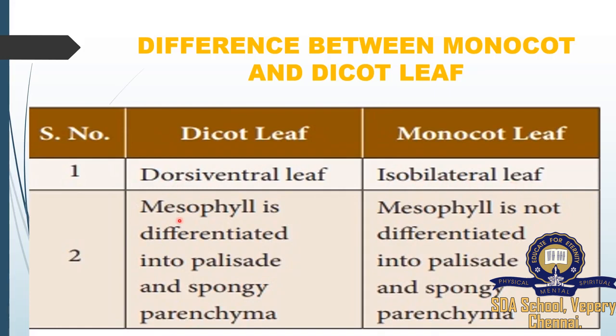Next, in the dicot leaf, mesophyll is differentiated into palisade and spongy parenchyma. Yes, the mesophyll has been differentiated into two types of parenchyma cell, palisade and spongy parenchyma. But in a monocot leaf, mesophyll is not differentiated into palisade and spongy parenchyma. These are the two differences between monocot and dicot leaf.